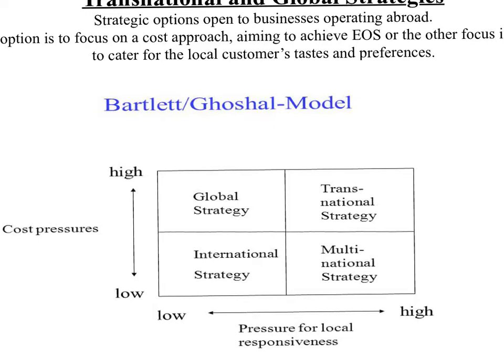Now multi-domestic strategy, they haven't got many cost pressures, but they do know if they want to operate successfully in the foreign market, they have to globalize. And finally, the other strategy is quite a simple, basic one, and it's called an international strategy, where they're expanding abroad, but they don't really have any pressures in terms of the local market or cost pressures, or that's what they believe.